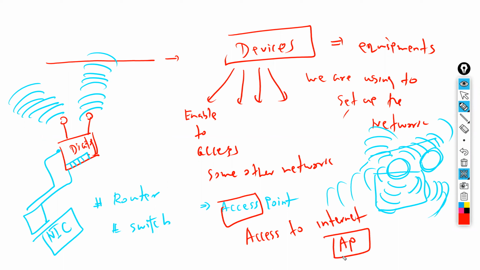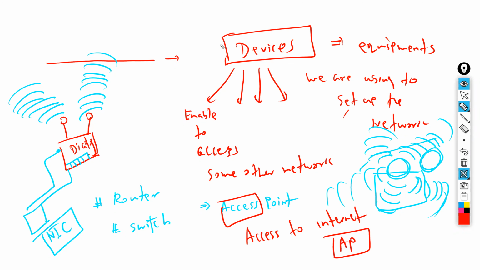So networking devices are devices or equipment that enable or support forming a network, or that contribute to the computer network. That is the idea about networking devices, right? So it could be a router, a switch, or an access point.